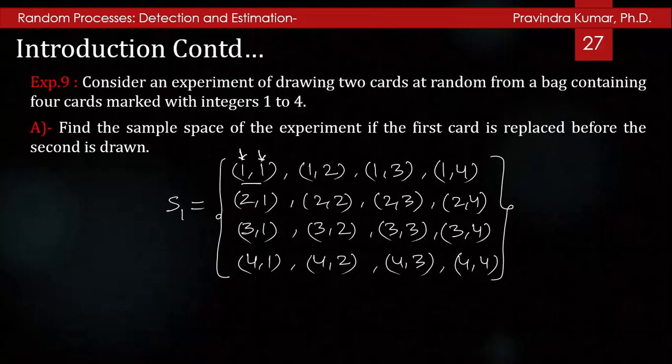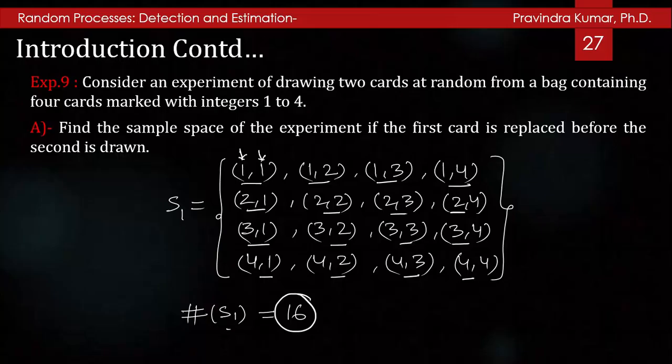So it will be (1,1), (1,2), (1,3), (1,4), (2,1), (2,2), (2,3), (2,4), (3,1), (3,2), (3,3), (3,4), (4,1), (4,2), (4,3), (4,4). So you can see the total number of sample points here is 16.